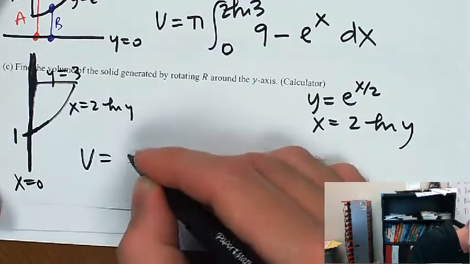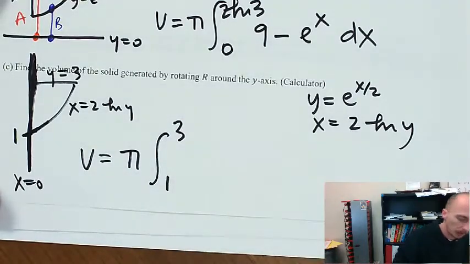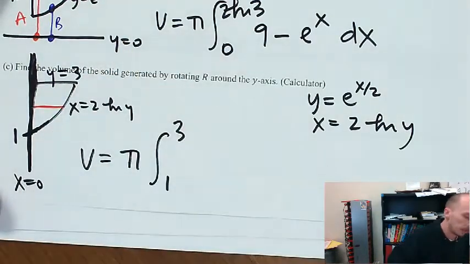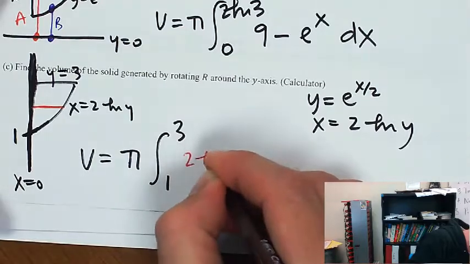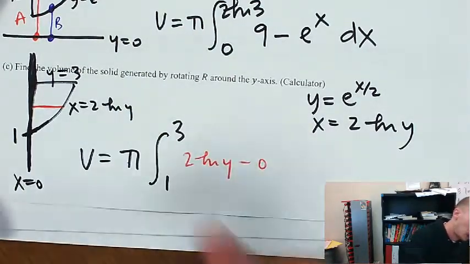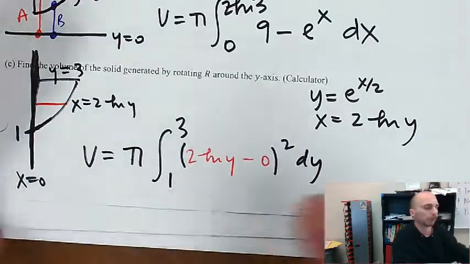All right, so this volume is going to be pi times the integral from y equals 1 to y equals 3 of, this is a disk scenario, so I just have one radius, and it's right, 2 log y, minus left, which is x equals 0, and we're going to square that and integrate with respect to y.